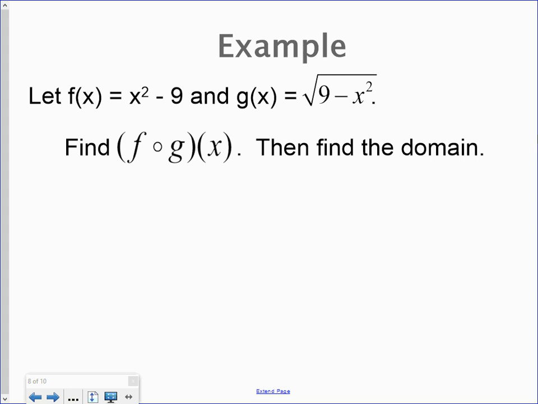We're going to let f of x be equal to x squared minus 9. And we'll let g of x be equal to the square root of 9 minus x squared. We're going to do two things for this example. We're going to find their composition. We're going to substitute one function in for x in another. And then we're going to find their domain.